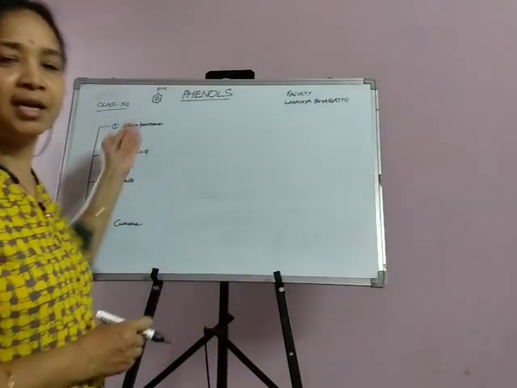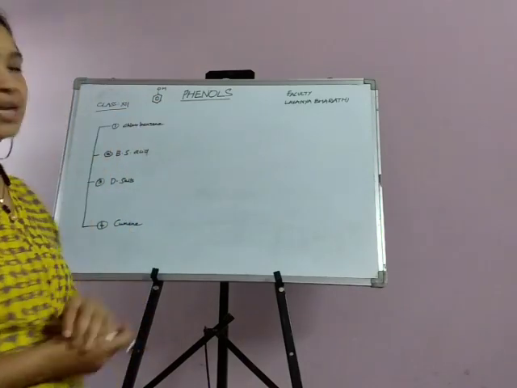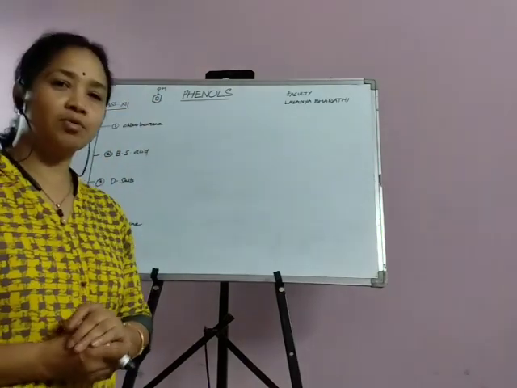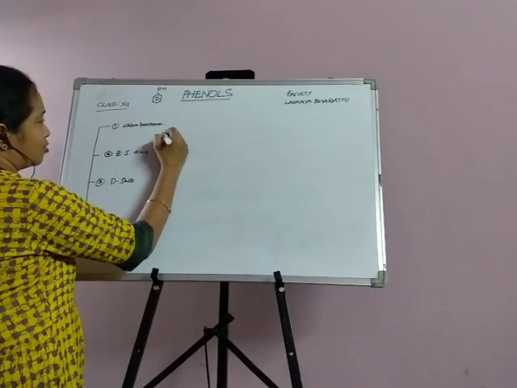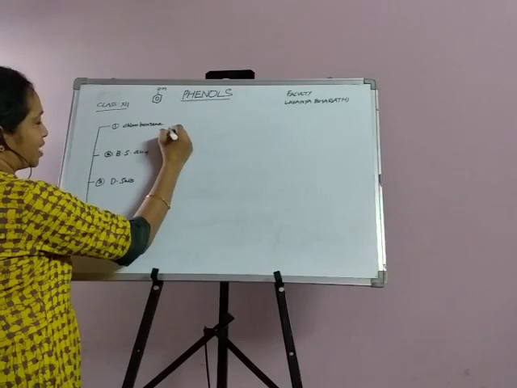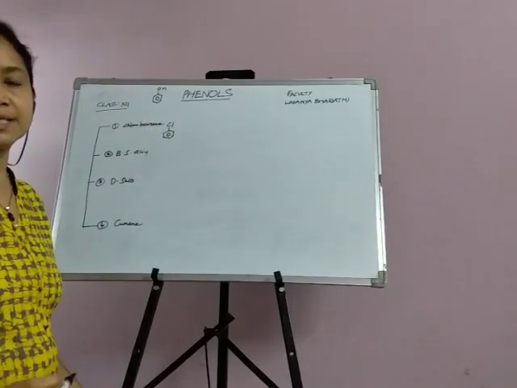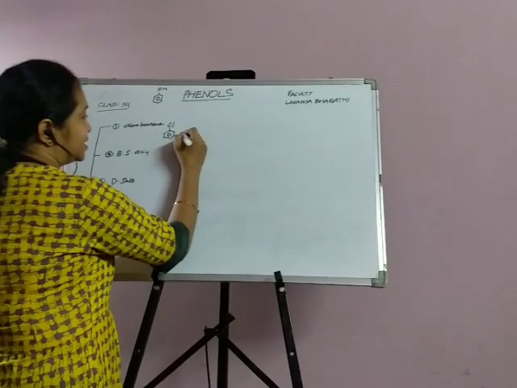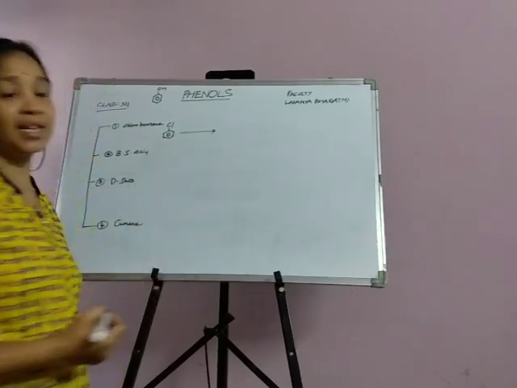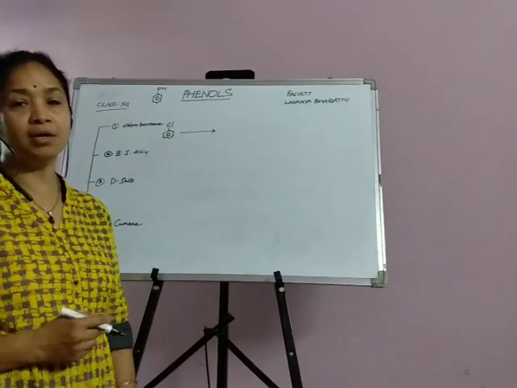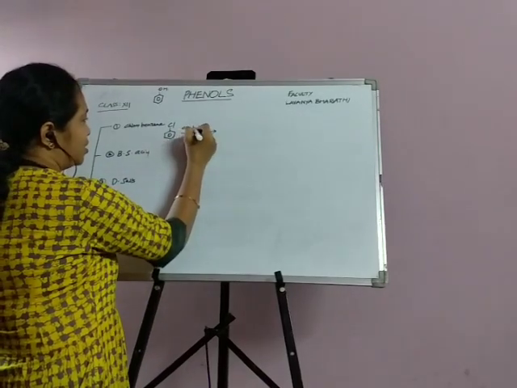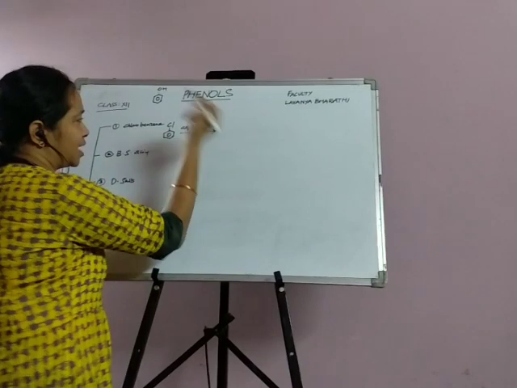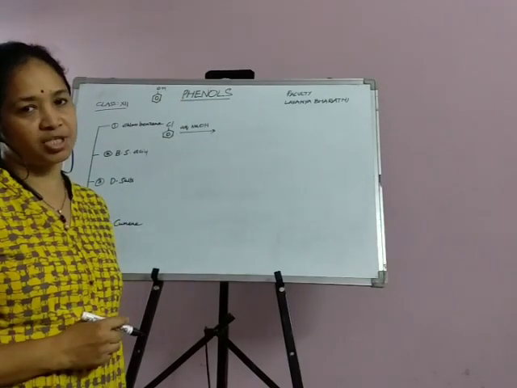So let us start stepwise. The first one is chlorobenzene. You know the formula of chlorobenzene, C6H5Cl. This C6H5Cl is treated with aqueous NaOH. This is a substitution reaction, a nucleophilic substitution reaction.